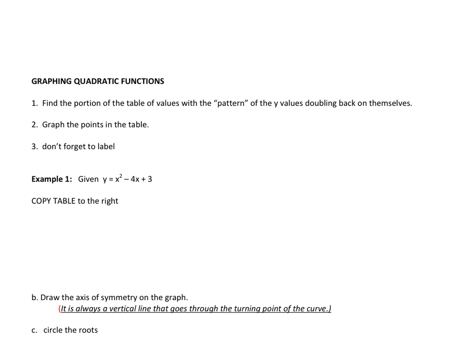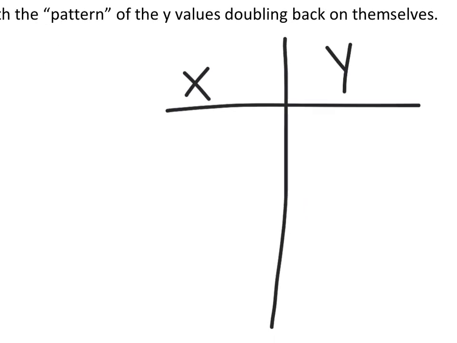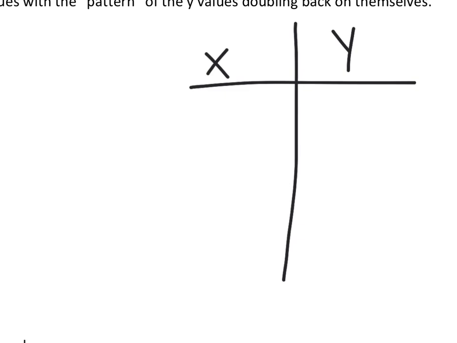So I'm going to copy my table. And I'm starting at -1, and the number I hit is an 8. I'm then going to use 0, and the number I hit is a 3.